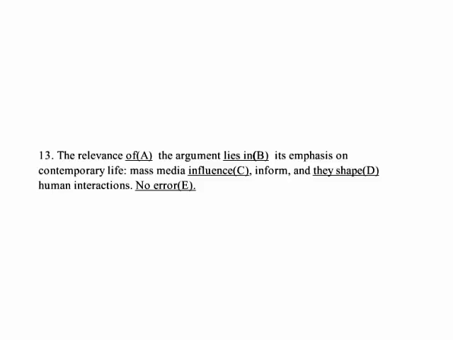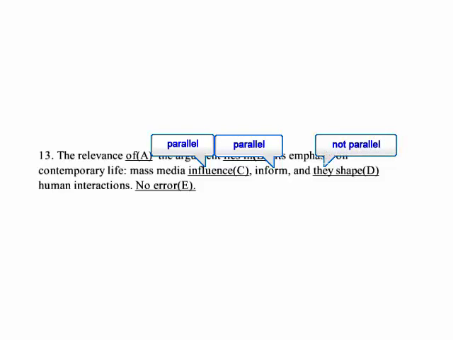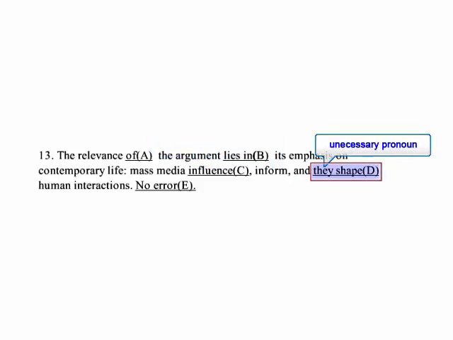Okay, it has to be "they influence, they inform, and they shape," or "influence, inform, and shape." We've got to keep it parallel. We can't change inform, so we need everything to be parallel to it. So we need influence, inform, and shape. Get rid of that "they." It's an unnecessary pronoun and affects the parallel construction of this sentence.